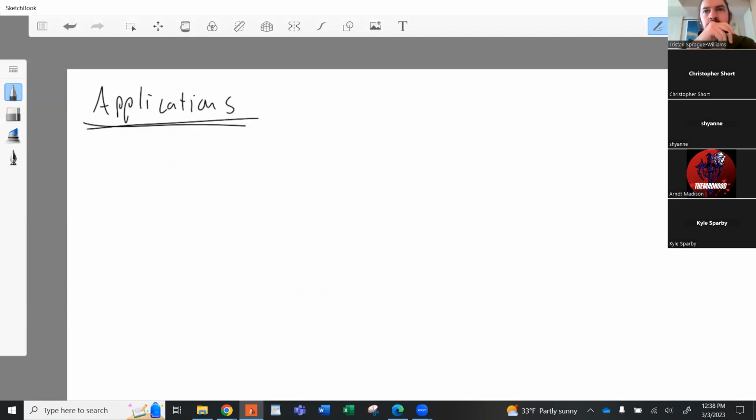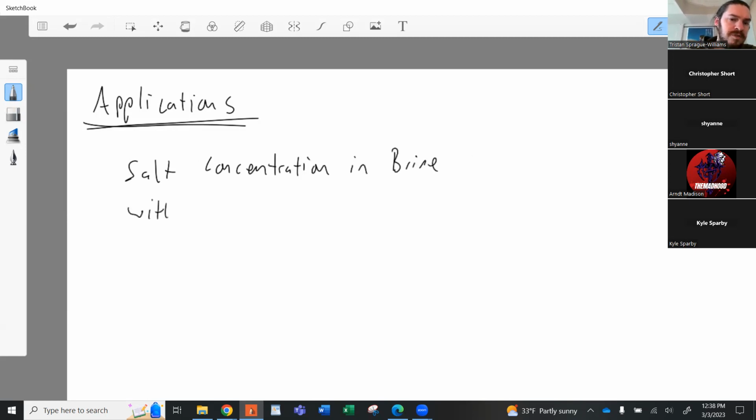So in the first application, we're going to be talking about concentration in brine with inflow and outflow. This is the sort of thing that you encounter in complex industrial applications where you're doing some sort of mixing of chemicals in a big tank or whatever.